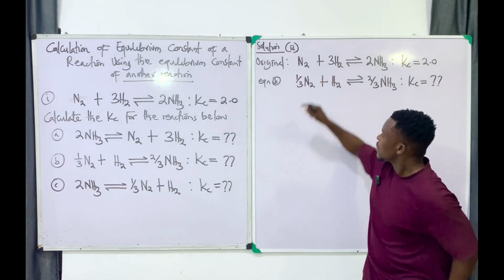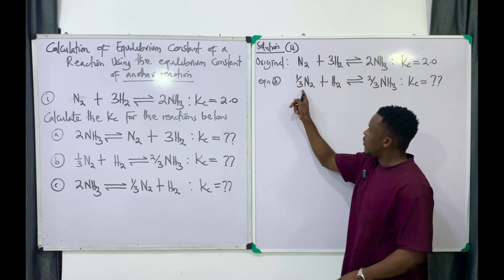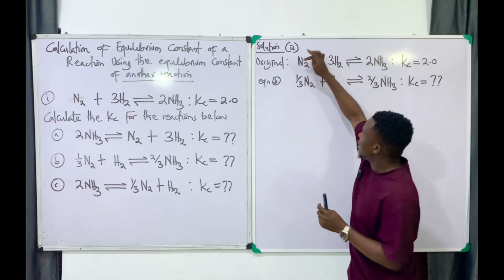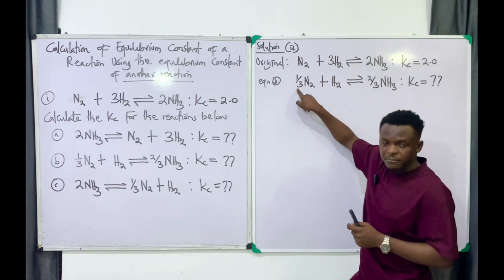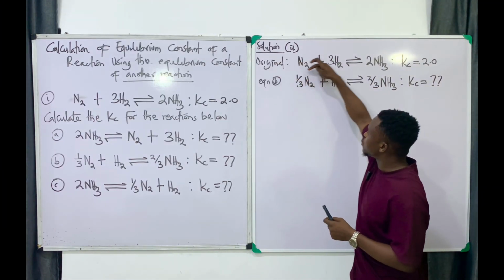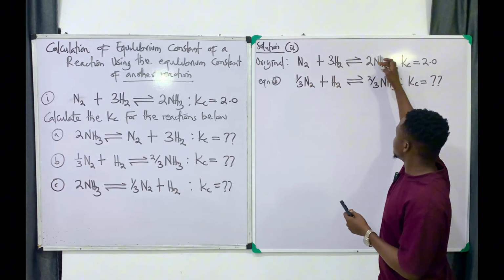So look up. If I multiply this nitrogen by 1 over 3, I'll have 1 over 3. Because of this singular fact, I will now say multiply this entire equation by 1 over 3. Or if you don't want to use nitrogen, you can use any of these species.